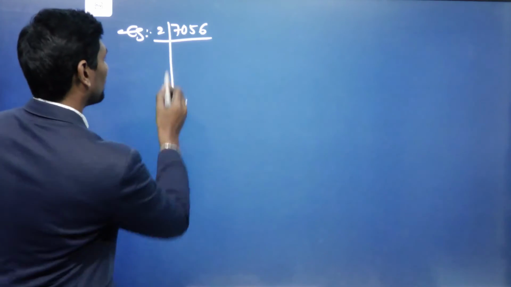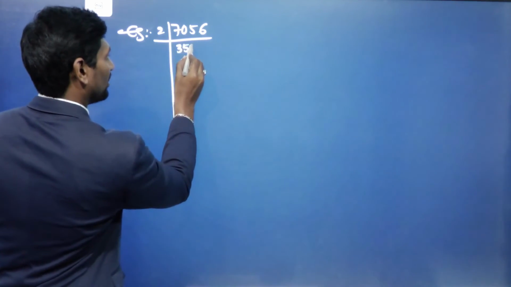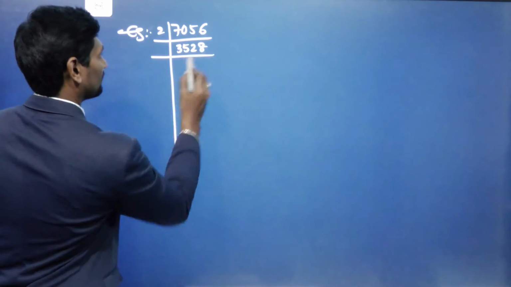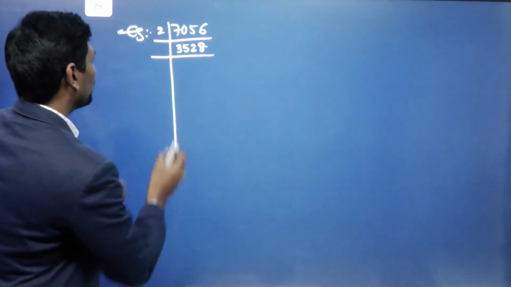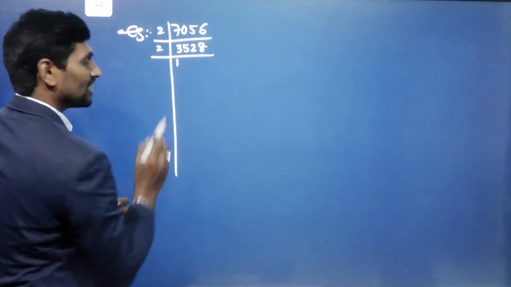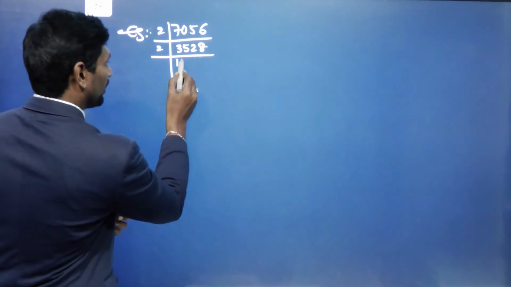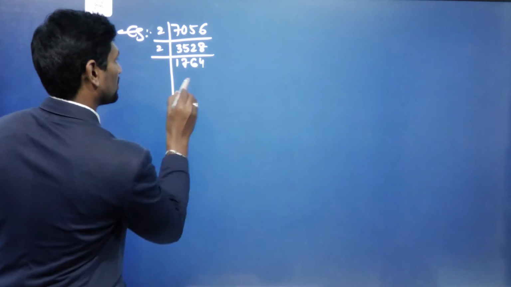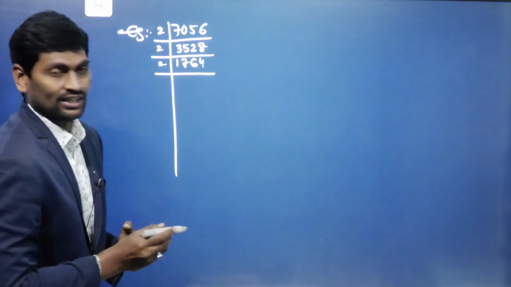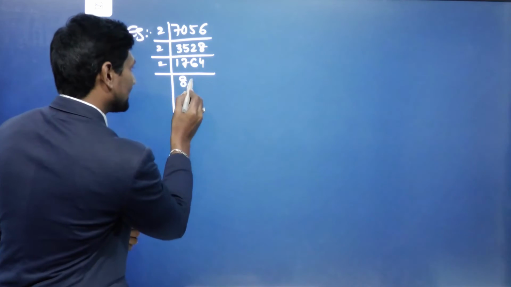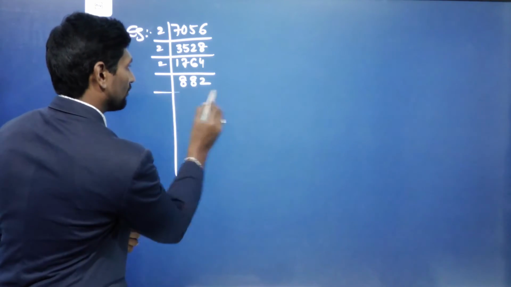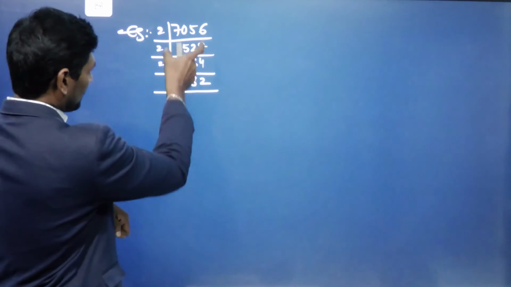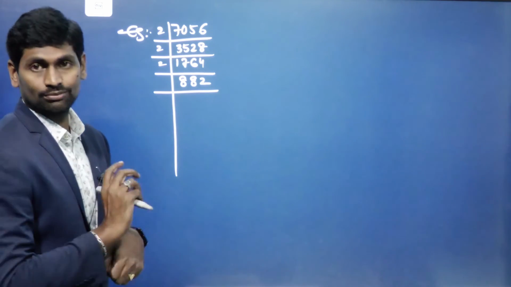Two table I am taking here, 2 3s are 6, 2 5s are 10, 2 8s are 16. Again 2 table, 2 1s are 2, 1 remainder 15, 2 7s are 14, again 1 remainder 12, 6 times 2 is 12. 2 table again, 2 8s are 16, 2 2s are 4. While you are taking the prime factorization, you should know the tables clearly.